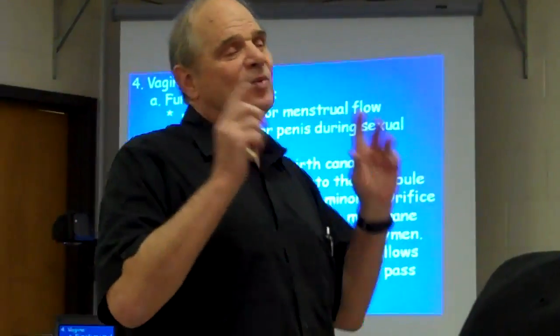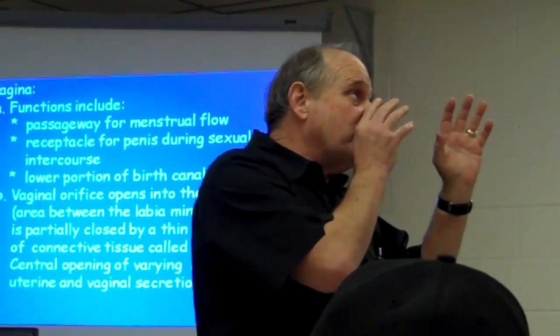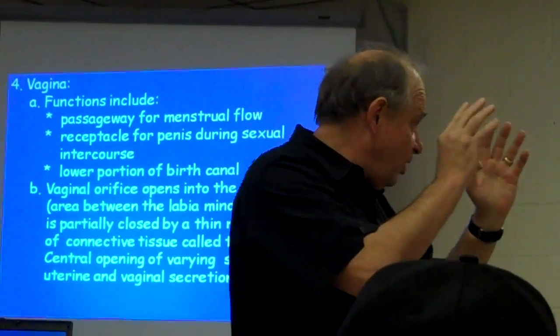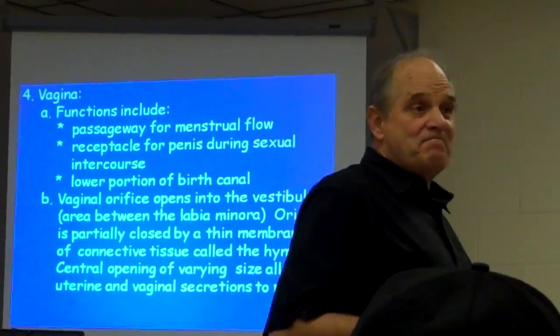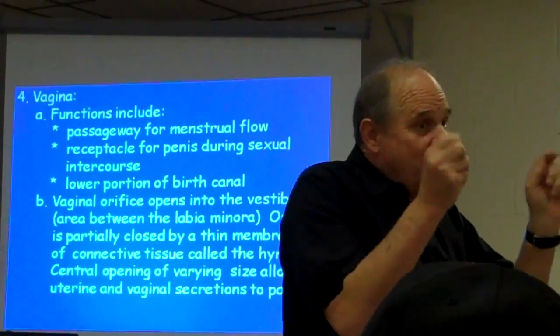Everything in the male reproductive system, and I don't really hold you responsible for all this, has a homologous structure in the female reproductive area. It's just one goes one way, one goes the other way.